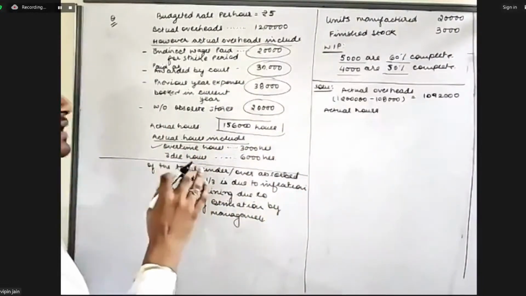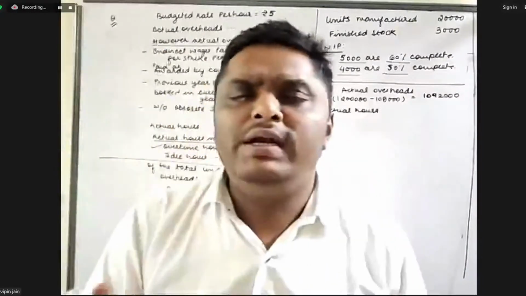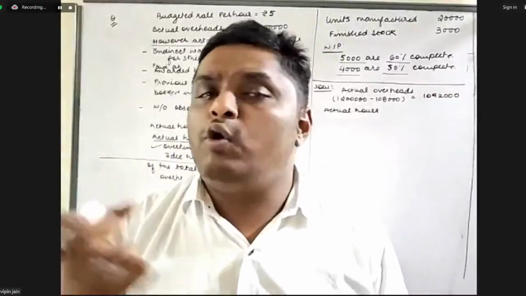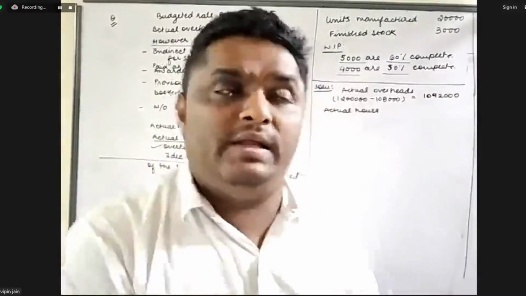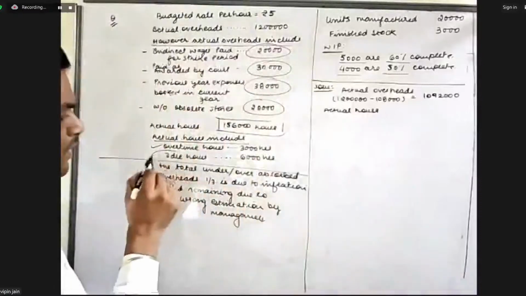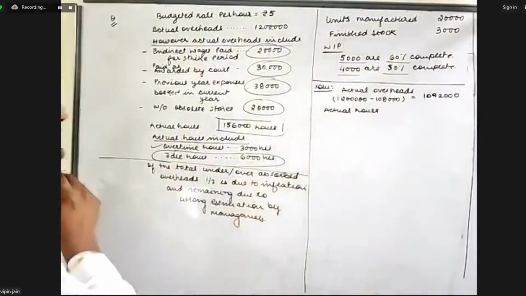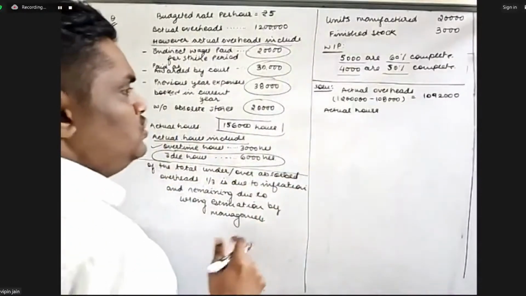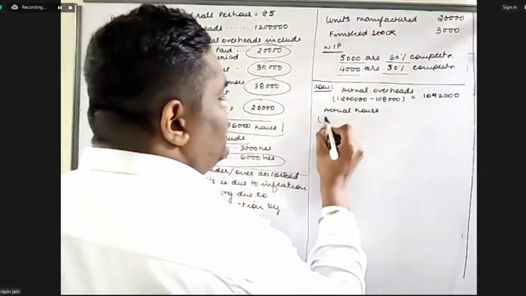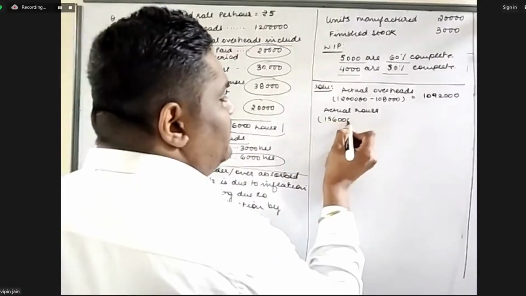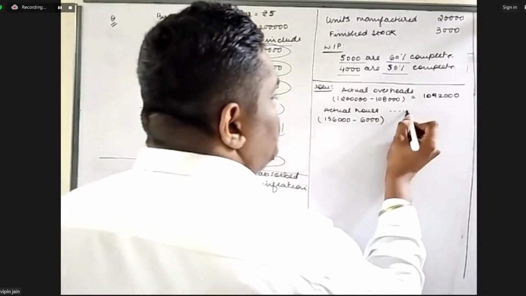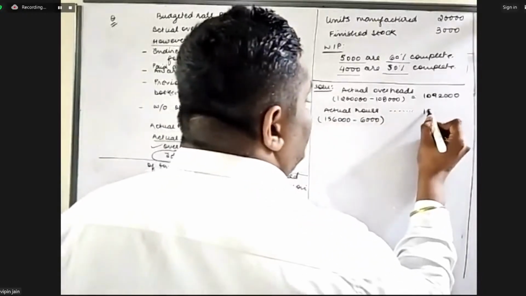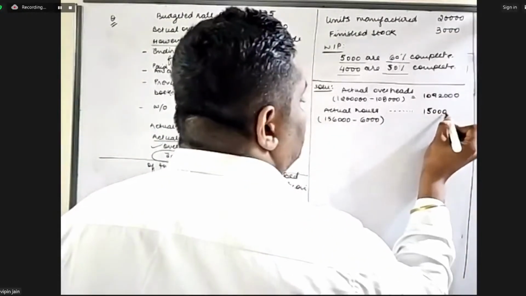Of this, 3,000 is overtime hours. Overtime is no problem because it's the nature of business. Sometimes overtime has to be done. But idle hours are abnormal. Abnormal hours, or we can say idle hours, are abnormal. So actual hours will be 1,56,000 minus 6,000 abnormal hours deducted. So my regular actual hours will be 1,50,000.